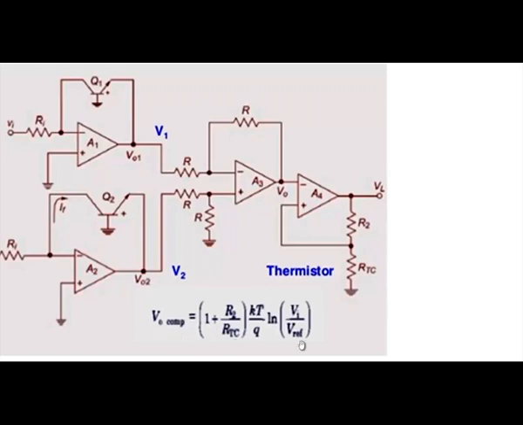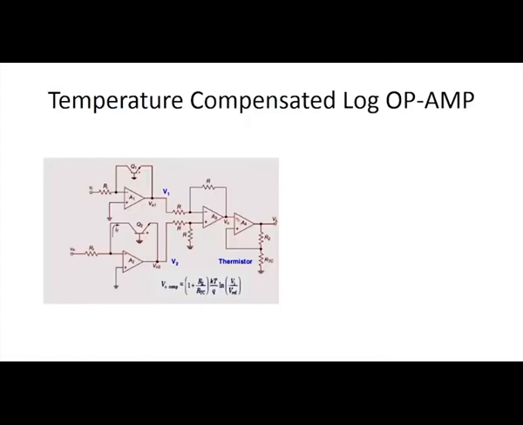So the output of this entire circuit will be calculated as 1 plus R2 by RTC. This is the gain of the non-inverting amplifier. So you have to connect here a positive terminal, here a negative terminal. The input is given to the positive terminal and the gain is actually 1 plus R2 by RTC. This is the non-inverting amplifier's gain times the output voltage of the differential amplifier. So how will this voltage be obtained?